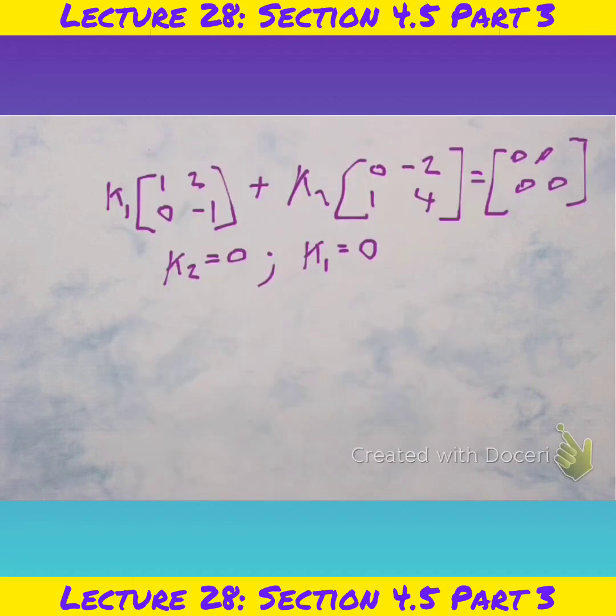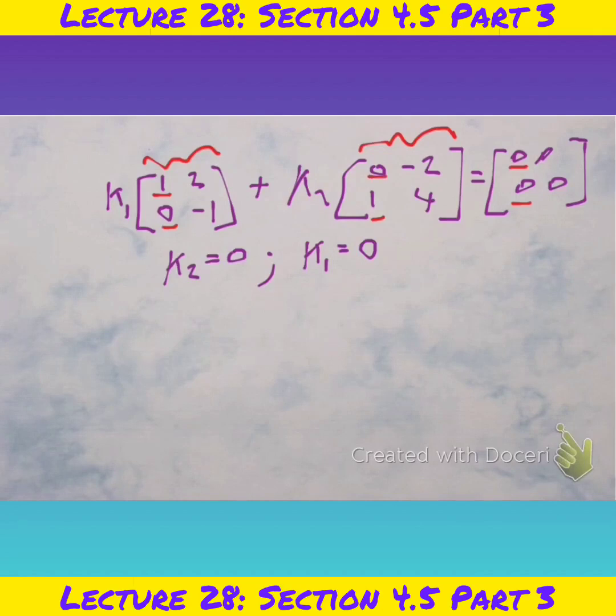Now, just a side note, you can also check that the 2 vectors in S, which are these 2 matrices here, are linearly independent. By composing this equation, you can see that 0k1 plus k2 is equal to 0, so k2 is 0, and you can also see that k1 times 0 plus k2 is equal to 0, so k2 is 0.